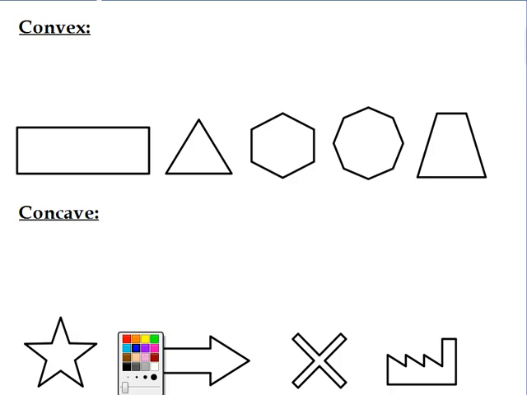Now, convex and concave. These are usually two vocabulary words that students mix up a lot, but convex are the ones that you're used to. All of these figures up here, all 5 of those, they're all convex. The unusual ones down here at the bottom, those are concave, but that's of course not the definition.